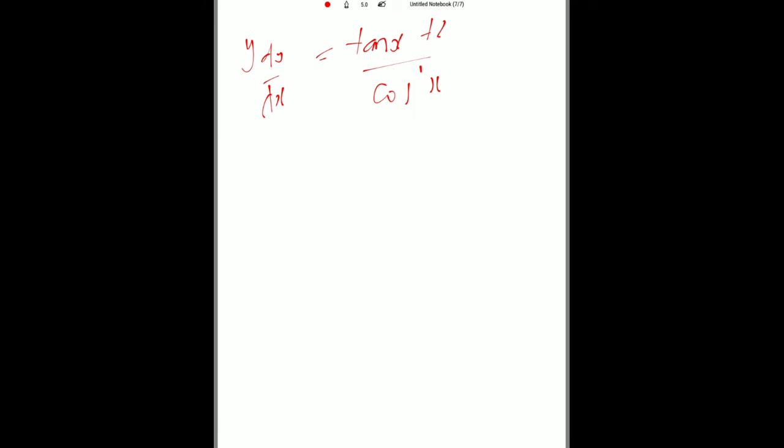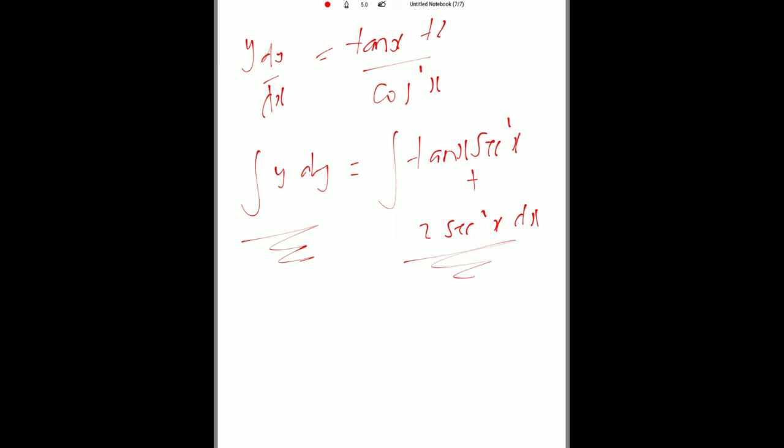Okay, the integral of y dy would be equal to the integral of tan x, and I hope you can see this, but we're going to be changing cos squared x to sec squared x, plus 2 sec squared x dx. What we're going to do from here is to integrate both sides, as you can see. But this side is simple to integrate. This side is a problem. So let's spend a bit of time on this side.